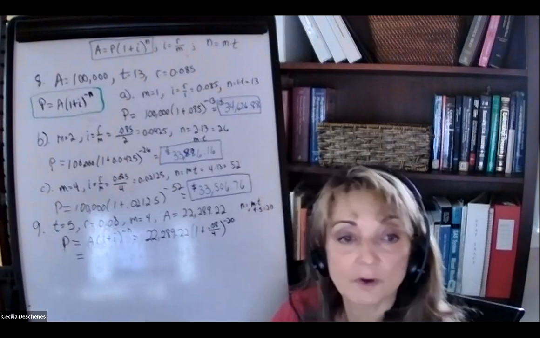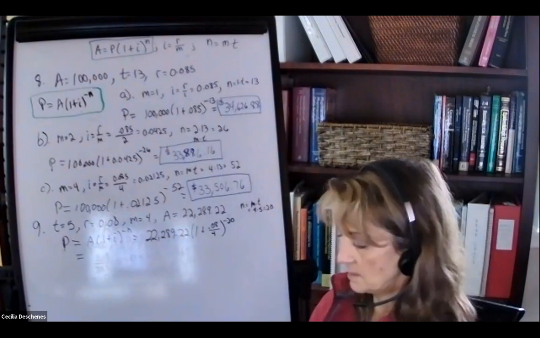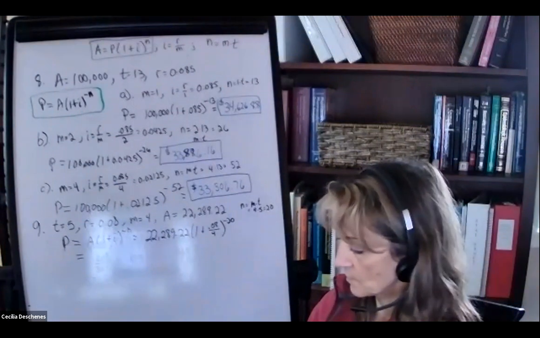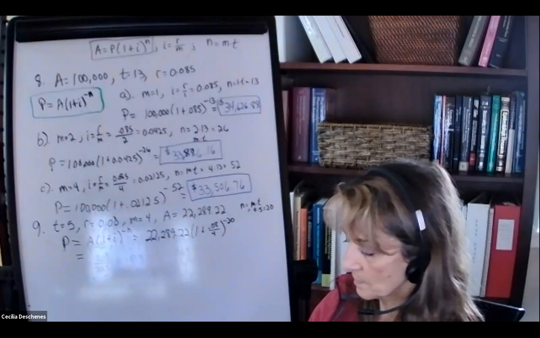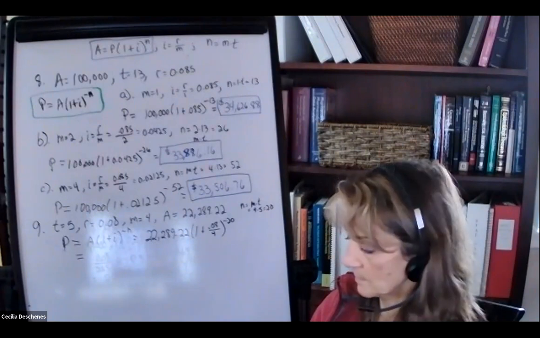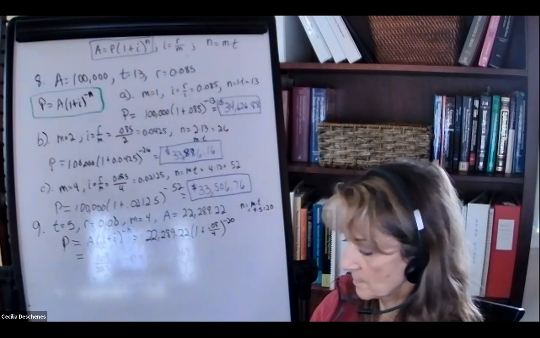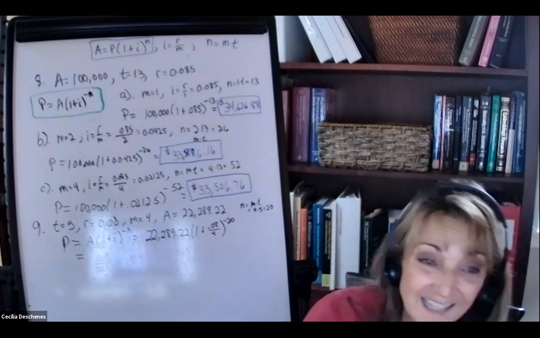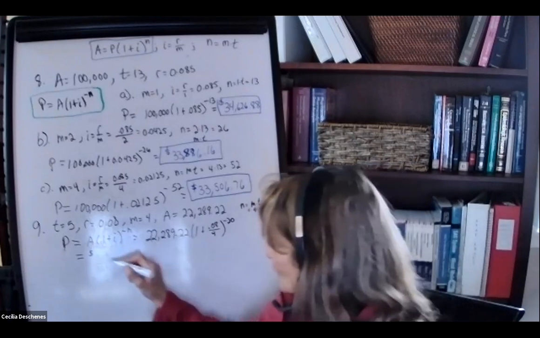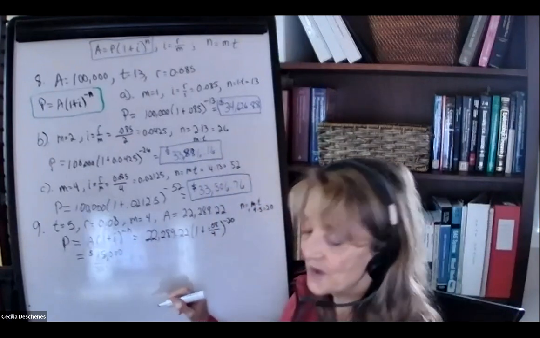So what I'm getting for number 9 for the principal is, all right, well, unless there's a rounding error, I'm getting $15,000 and 1 cent.